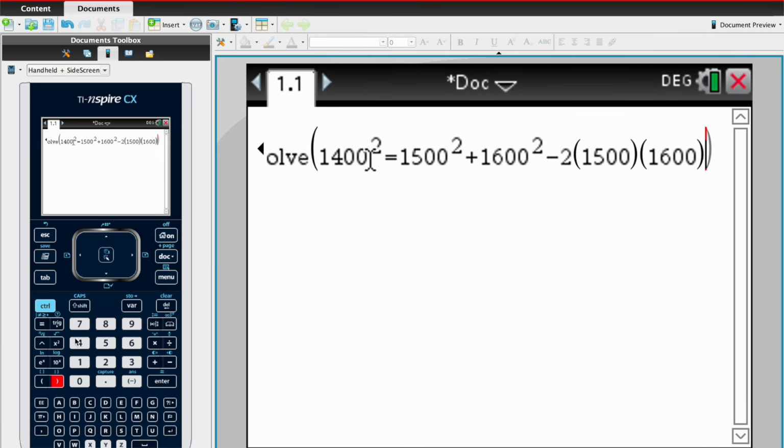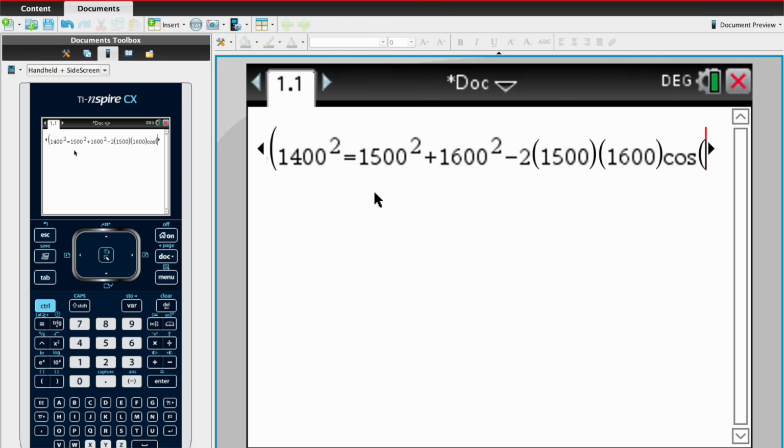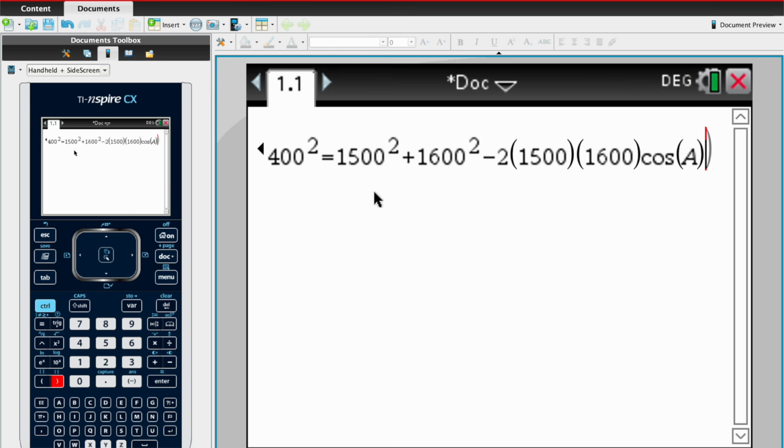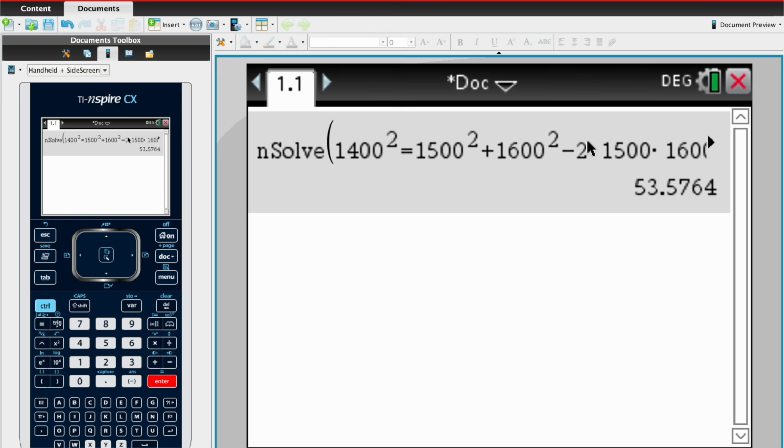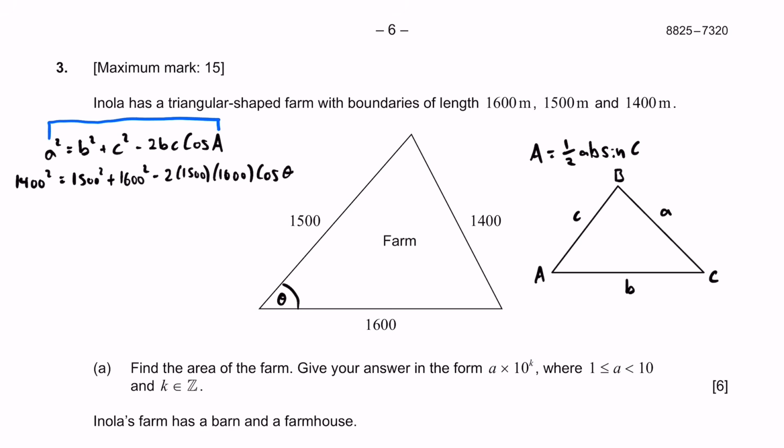And then we have cos a. Cos, and then we can write cos theta, cos a, we're going to write cos a. Okay, and we ask the calculator to solve for a. Make sure you're in degrees. And I think we're good here. So the angle is 53.5764. So let's go back to the document and write that out.